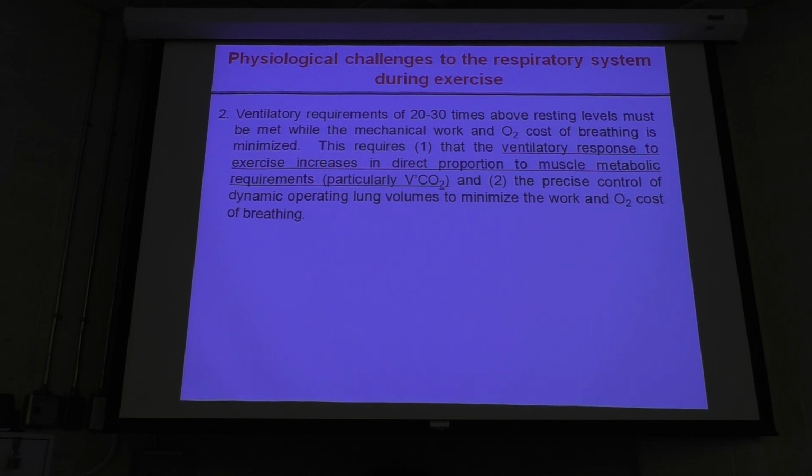So hopefully you are able to start seeing the links whenever we talk about something that can compromise oxygen delivery, for example, an elevated work and oxygen cost of breathing.